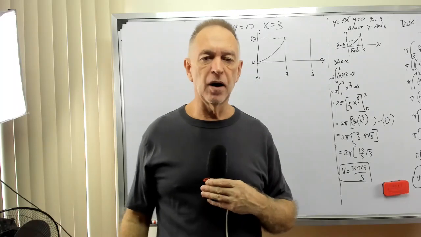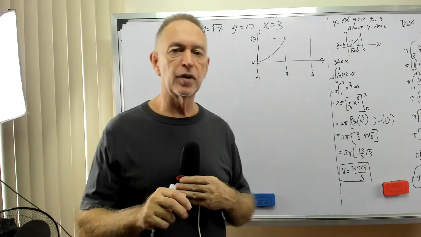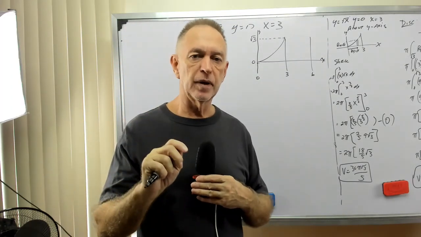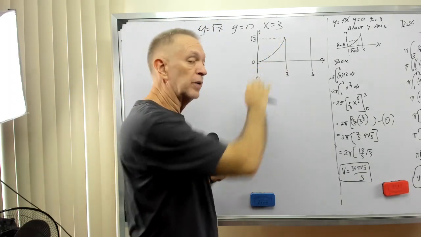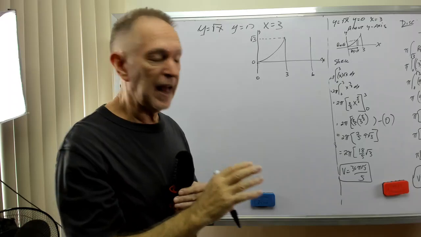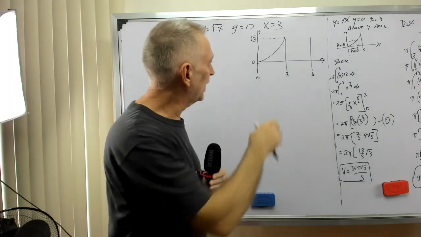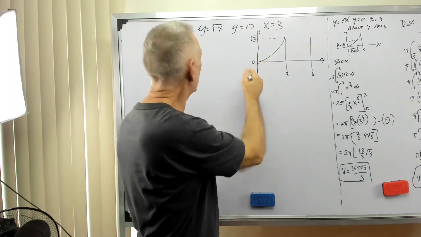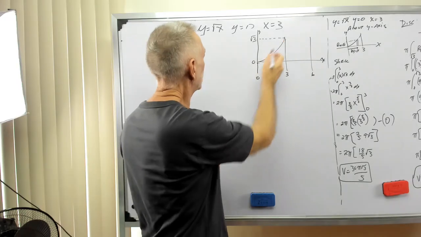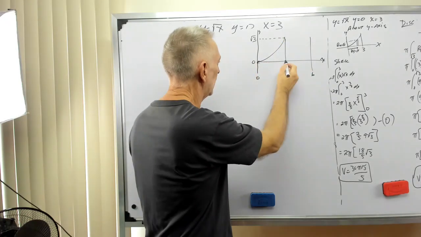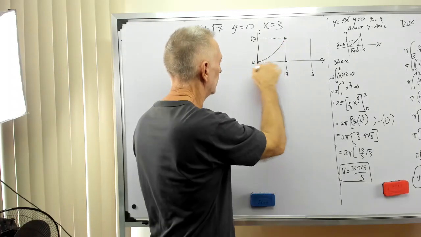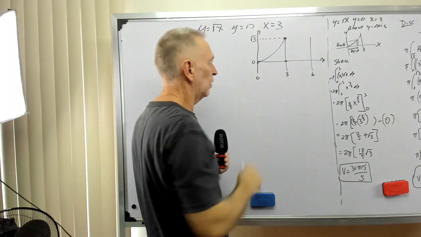Hey guys, Dr. Brown here, and we're continuing with understanding volume as a function of rotating an area bound by some curves around an axis. We've taken this same function where y equals square root of x, y equals 0, x equals 3, and that's the area bound by those three lines.